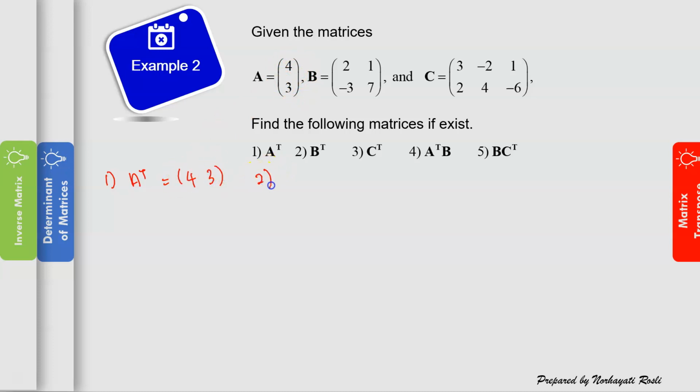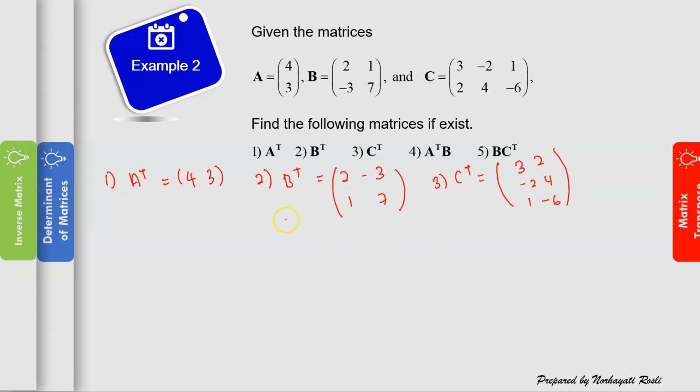Then for number 2, we need to find B^T. In this case, we'll have [2, -3; 1, 7]. For number 3, we need to find C^T. In this case, we'll have the answer [3, 2, -2; 4, 1, -6].